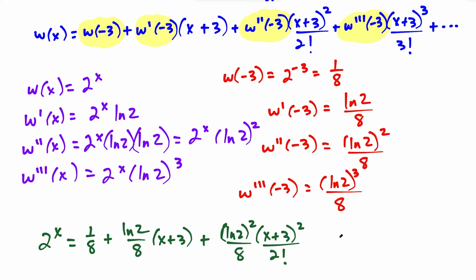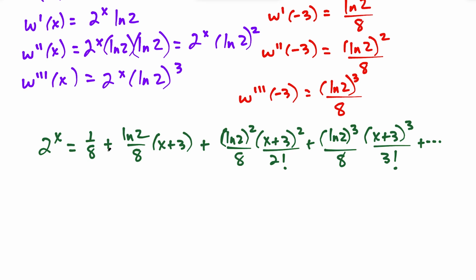And then for our next term, we have plus natural log of 2 to the third over 8. We're just replacing this w triple prime at negative 3. And then this is going to be multiplied by x plus 3 to the third over 3 factorial. And then we just write plus dot dot dot to show that this is going to go on forever.